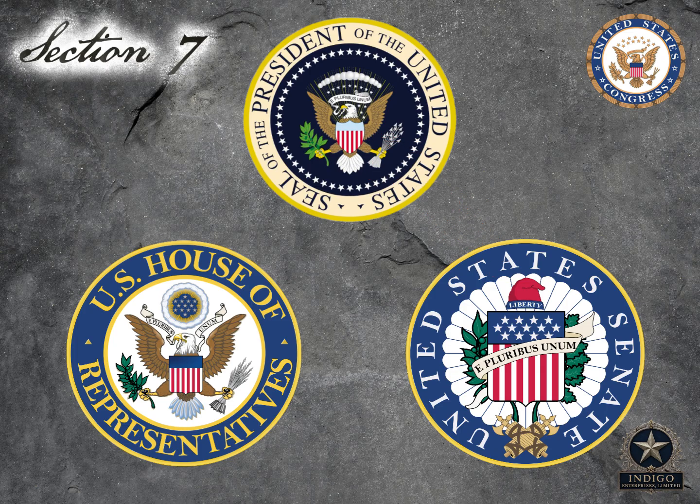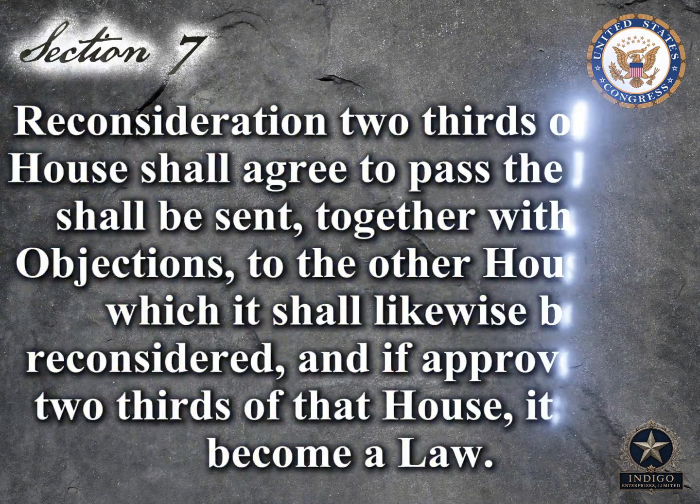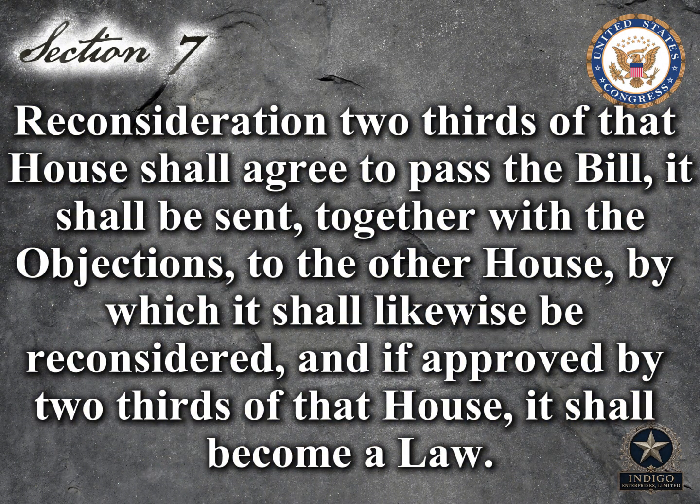If he approves, he shall sign it. But if not, he shall return it. This is known as a veto, with his objections to that house in which it shall have originated, who shall enter the objections at large on their journals, and proceed to reconsider it.